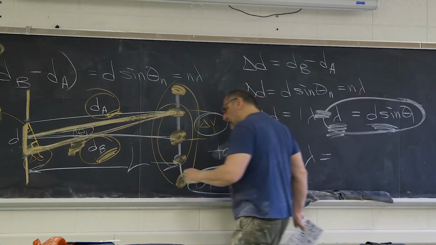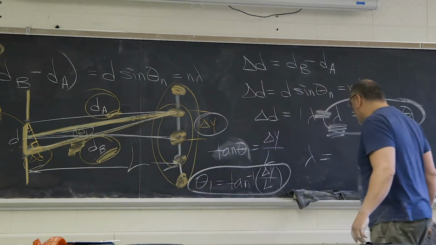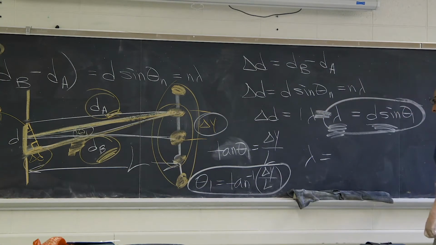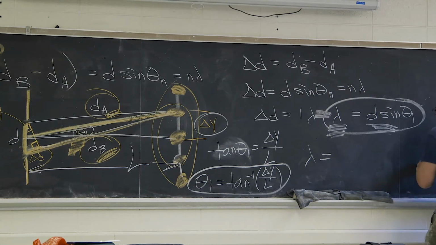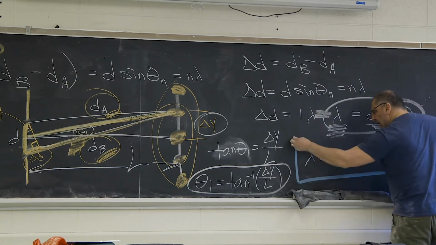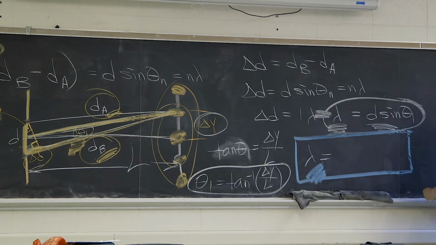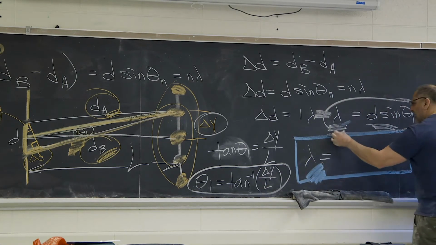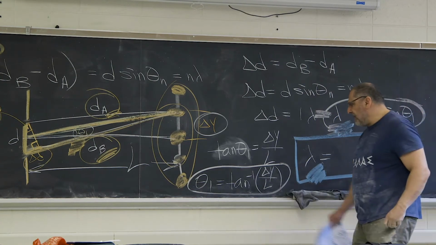So we got all that. Forgive the delay on that. Stay tuned on this one, as they say. It's going to be d sine theta 1. We'll get there. Let's just find theta 1.